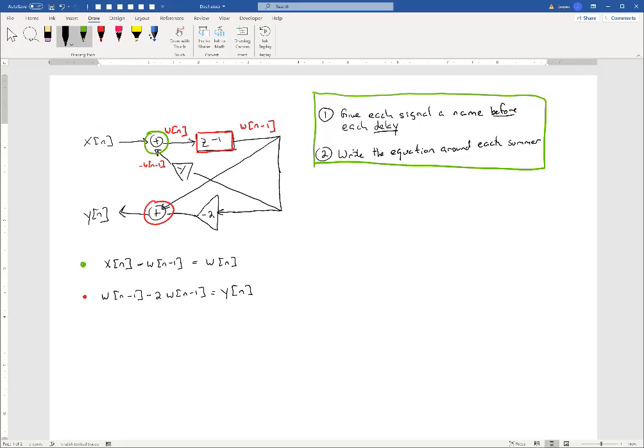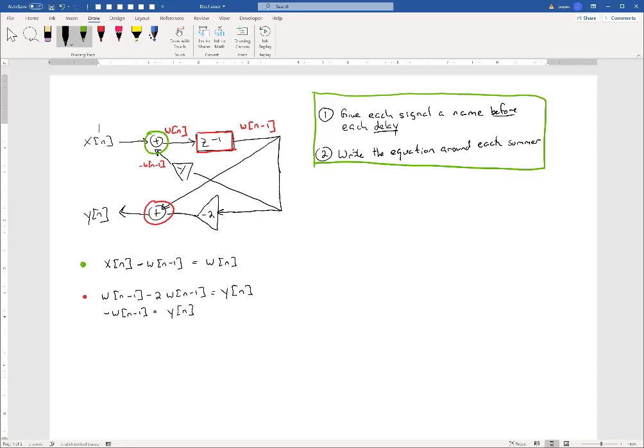All right, so we've done steps 1 and 2, and now all that's left is to do a little bit of algebra to figure out how we can get the output. So we have an extra variable here, W of n, and we want to get rid of it. Looks to me like a good way to do that is with this red equation. We can combine W of n minus 1 and minus 2 of W n minus 1 just to get a minus W of n minus 1, and that's going to be equal to Y of n.